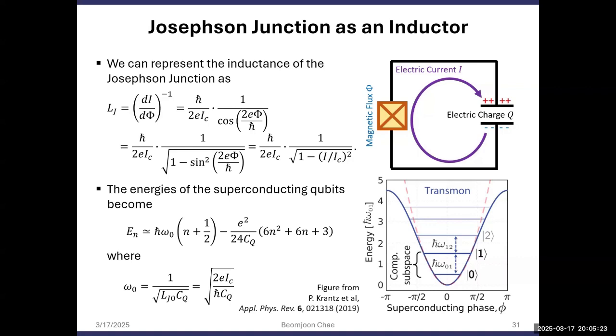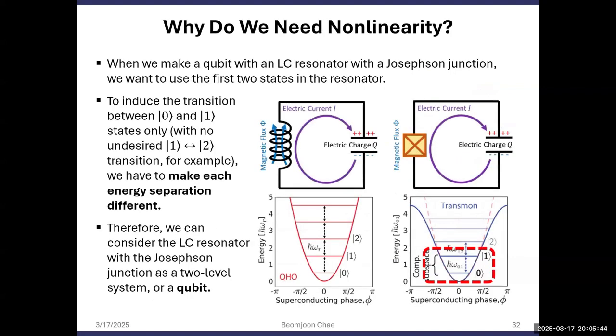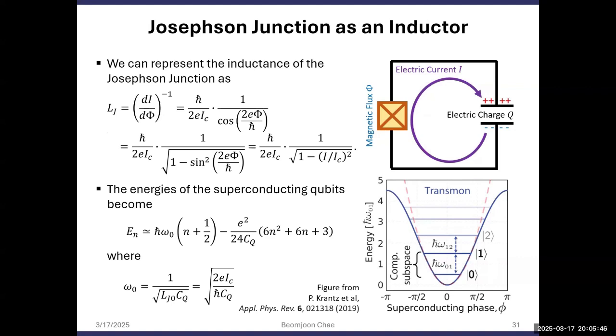If we solve the corresponding Schrödinger equation for superconducting qubits with a Josephson junction, then we can obtain the energies like this. I'm going to skip the detailed mathematical procedures. As you can see, there is some linear term, but because of the nonlinearity of the Josephson junction, there is also some nonlinearity, or in other literature, anharmonicity.